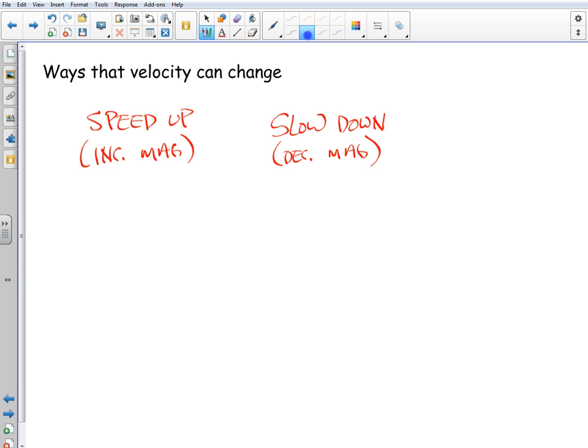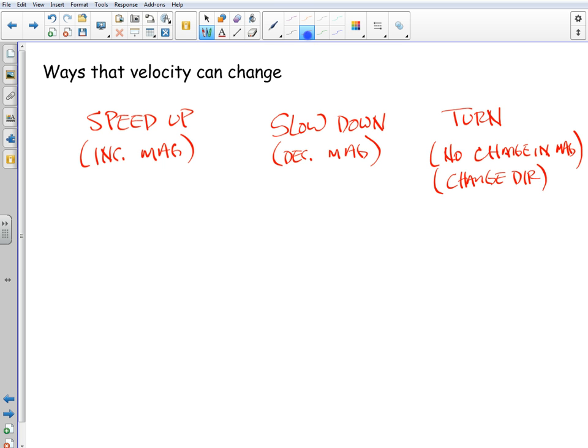But what if we don't mess with the magnitude at all? It's a vector. There's another thing we can mess with. What if we turn or change direction? That's no change in magnitude, right? You just change direction.